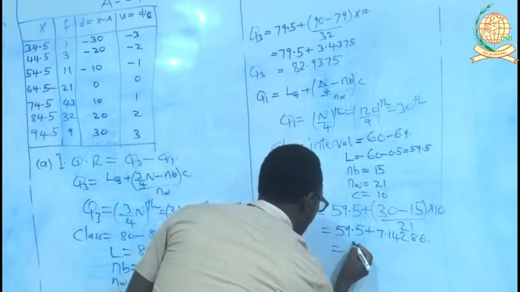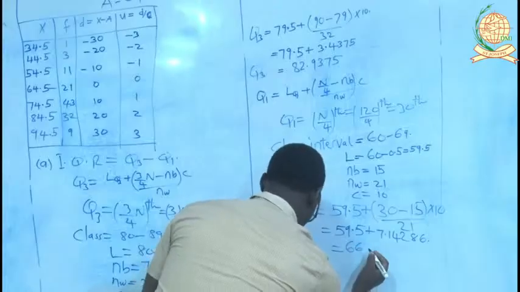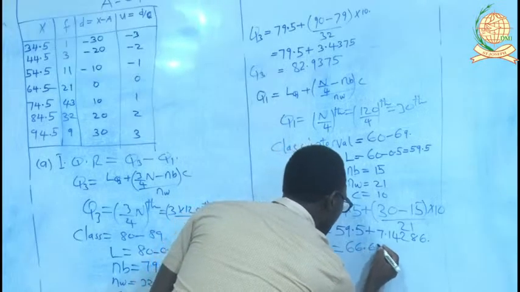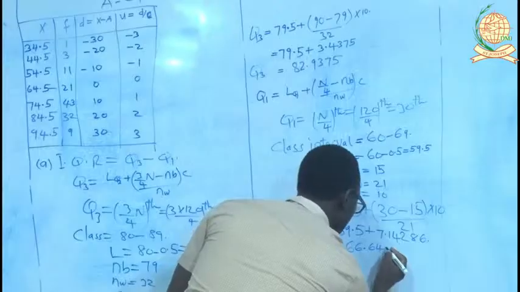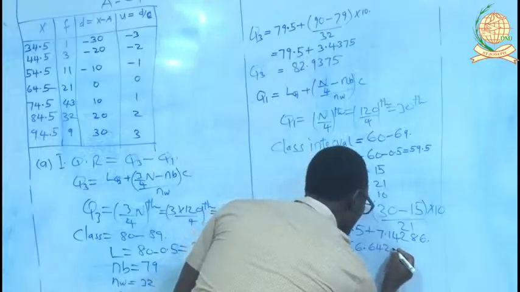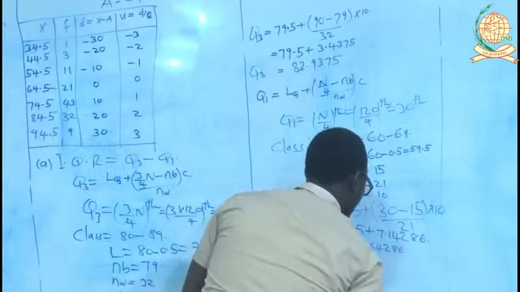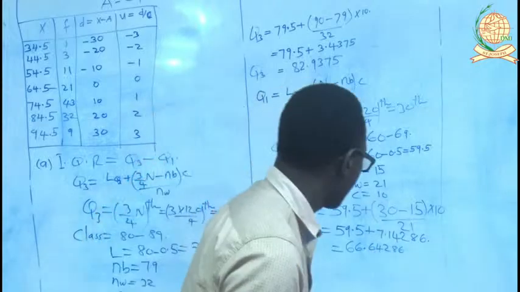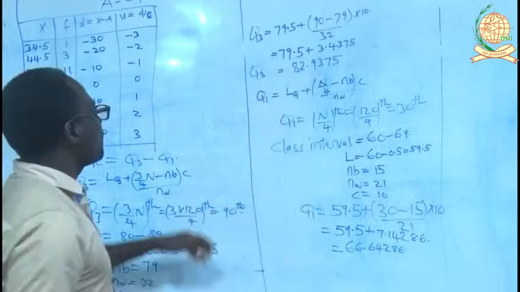You'll get 66.64286. Yeah, now we have Q3 and Q1.